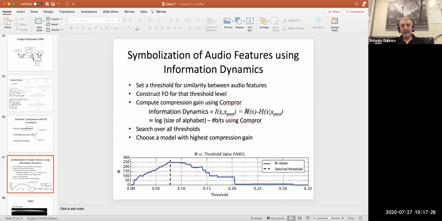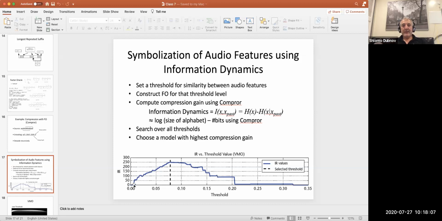Now, we can get a number like this for every symbolization level. At least in the VMO, the trick is that we go and search over all possible thresholds. Our clustering is a little naive. We look at all the features, and because it's incremental, if the distance is less than the threshold, the next appearance of some data point will be symbolized or classified the same as the previous one if it's close enough.